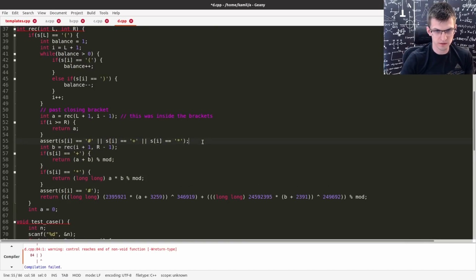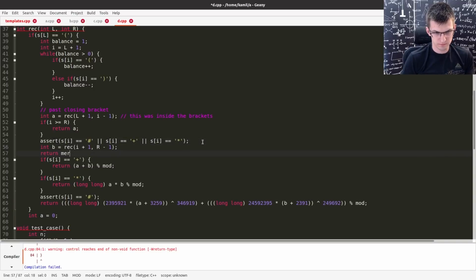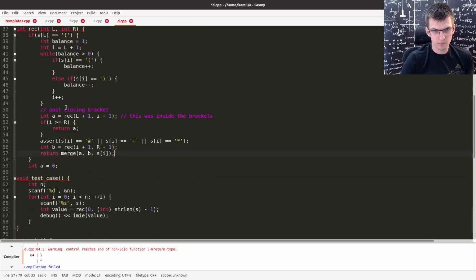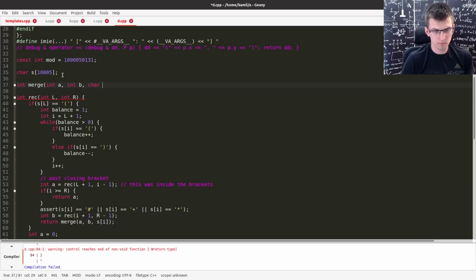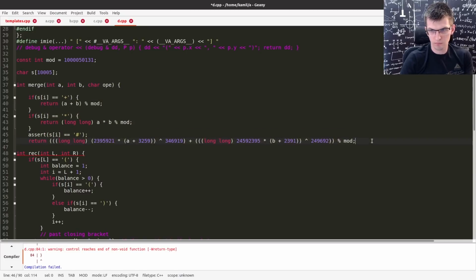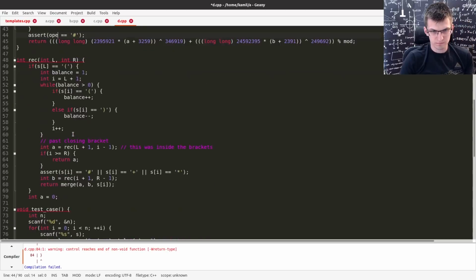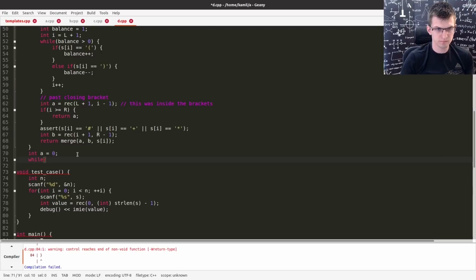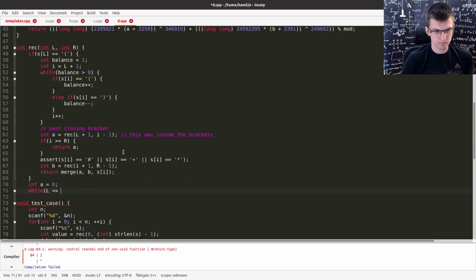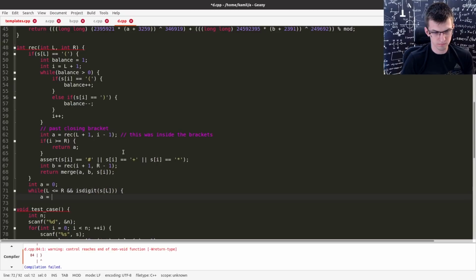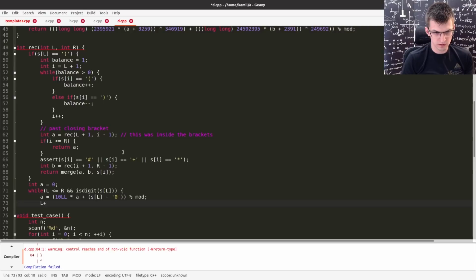I will need to make this into a function. Do this and L++.